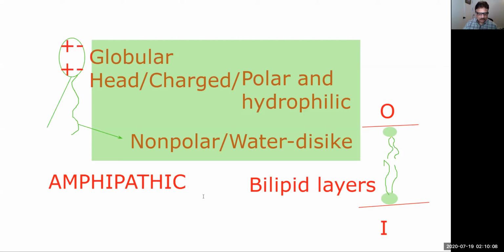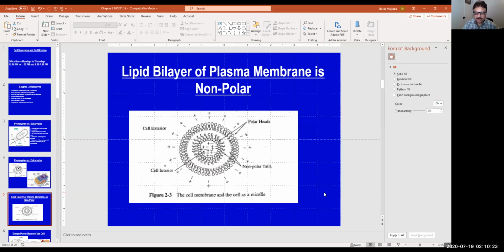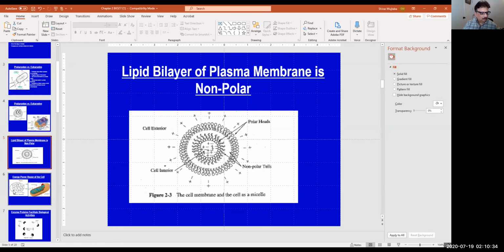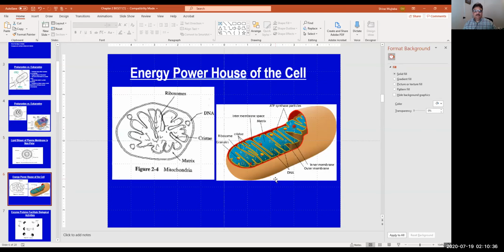So let's go to the last topics. I mentioned that I'll be teaching this chapter in small sessions. One would be cellular structure, the second lipids, the third would be mitochondria, and the fourth will be enzymes.